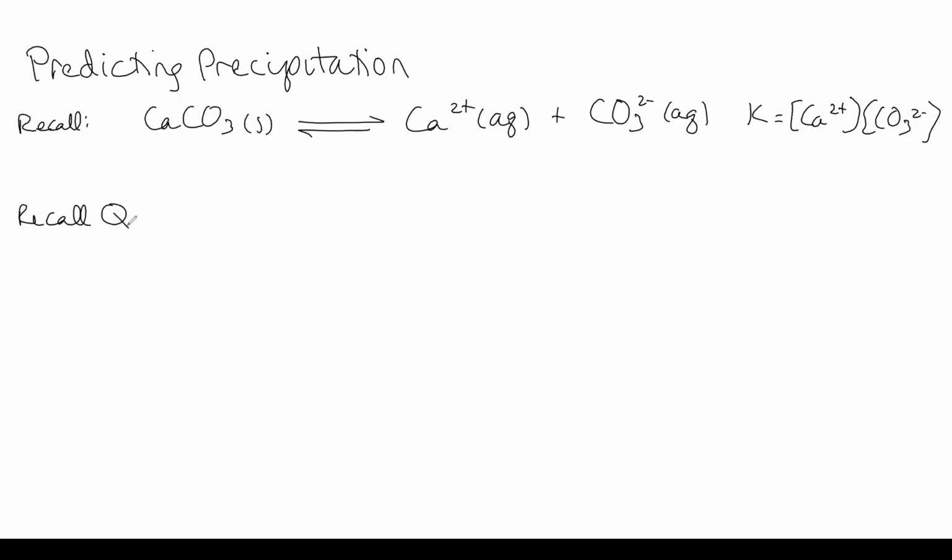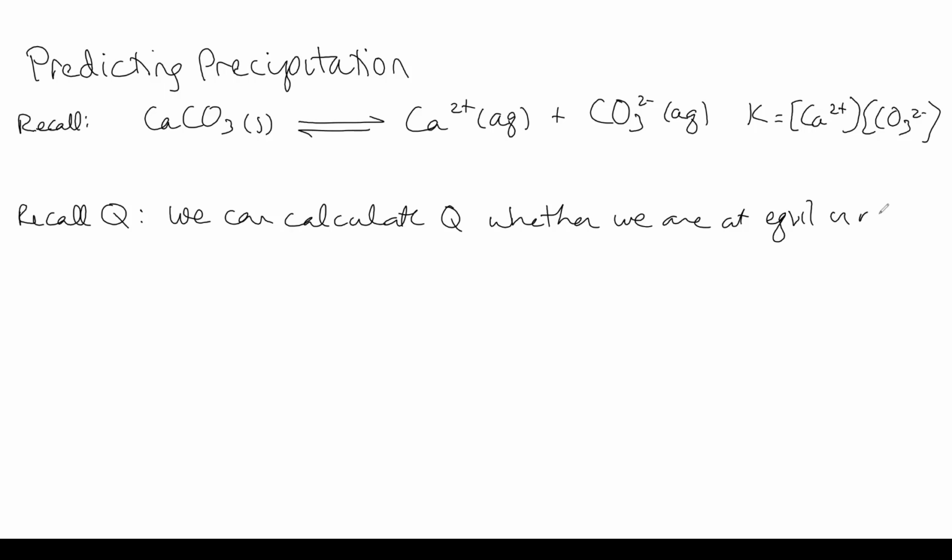So remember, we can calculate Q whether we're at equilibrium or not. Okay, and that applies to these systems as well. So if QSP is less than KSP, then no precipitate occurs.